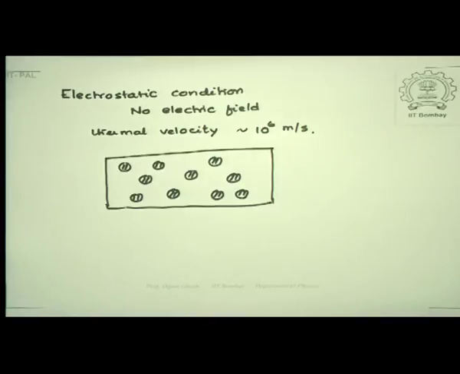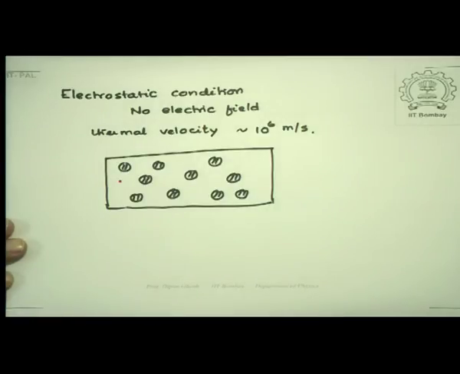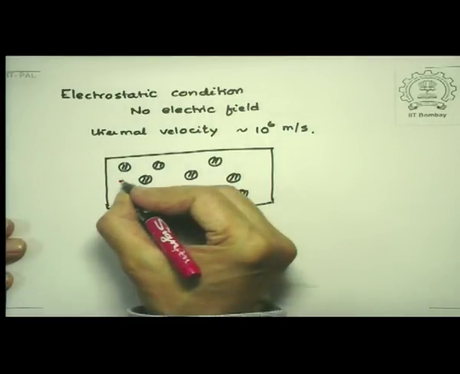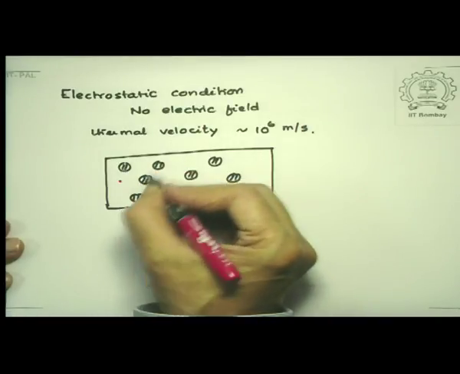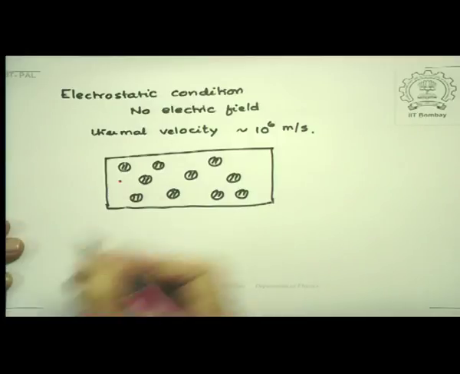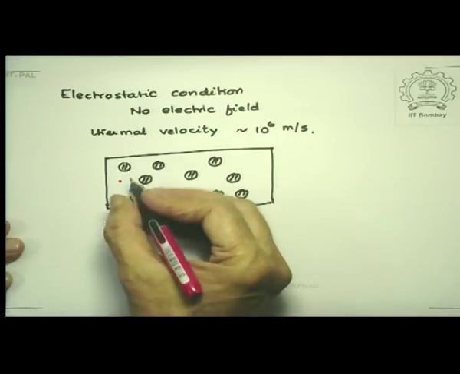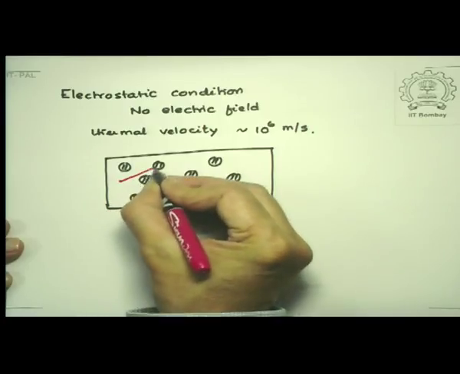So what happens is this, if you take a particular electron, this electron is continuously colliding with atoms or ions, and then bouncing back from the atom, and then collides with another one. So typically a situation could be like this.